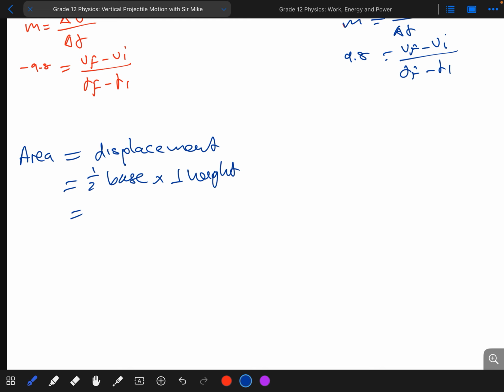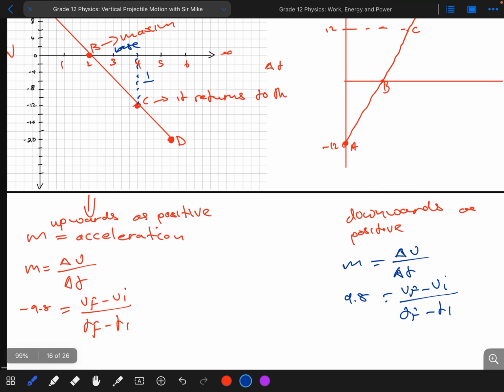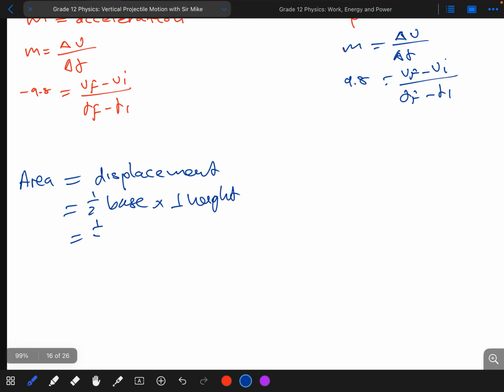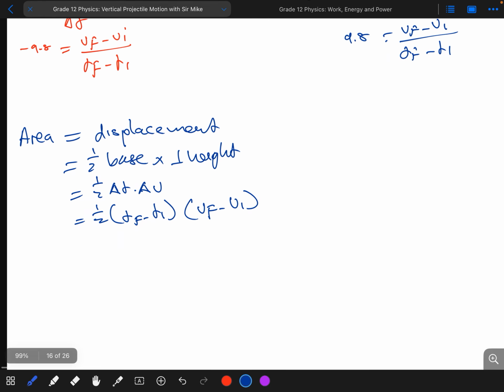The base would represent the time, so it would be a half multiplied by the change in time, multiplied by the change in velocity, which is the perpendicular height. So it is simply a half multiplied by t final minus t initial multiplied by v final minus v initial. So that's what you would simply do there.